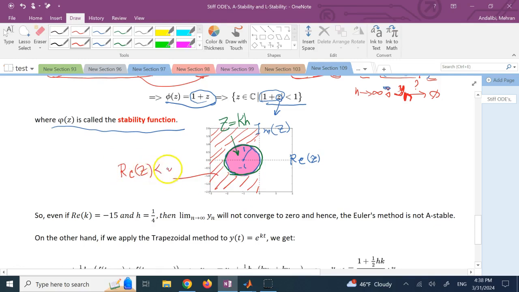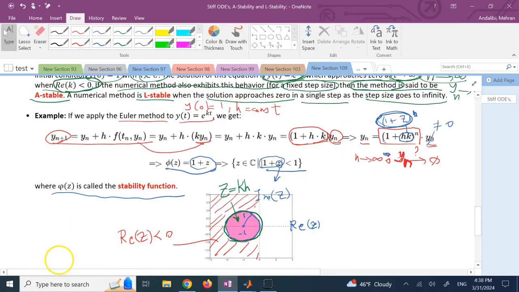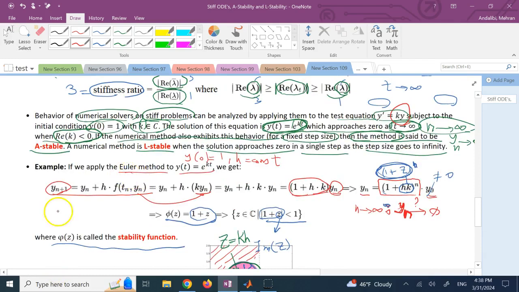So basically, only for the region inside the purple circle is it converging to 0, and not for the rest of this hashed area. Therefore, this algorithm is not what? A-stable. Okay, so this one is not A-stable. And clearly, if it's not A-stable, it's definitely not L-stable too, because L-stable is a stronger condition.